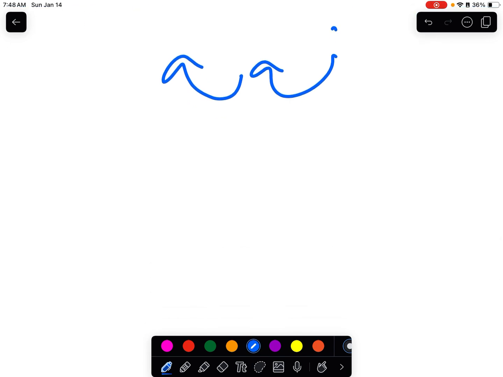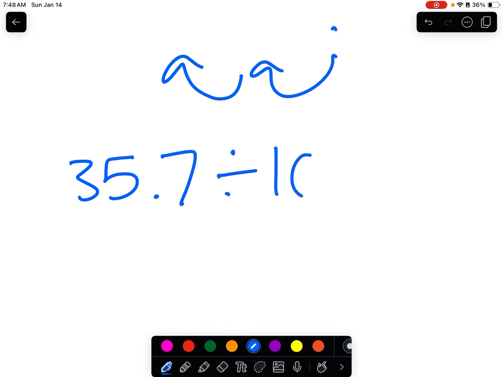As an example, let's say you have 35.7 and you divide it by 10, and this is something that kids are going to learn later. As you can see, the dividend has no zeros in it. So in this case, you would actually apply the same principle. You would move that decimal point over, and your answer would be 3.57.